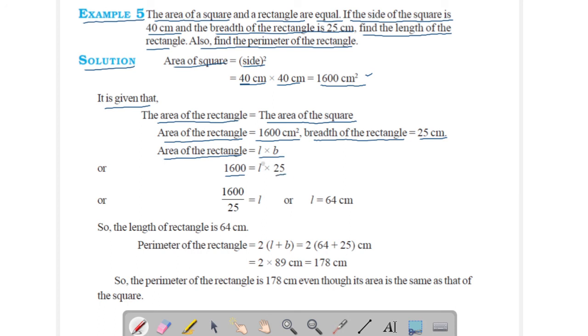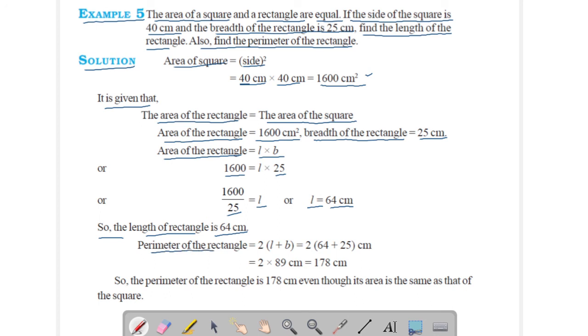From here we have to find the value of L. The L is given by, bring 25 on left hand side, we will divide it, 1600 upon 25 is equivalent to length, and if you simplify it you will get length equal to 64 centimeter. So the length of rectangle is 64 centimeter.